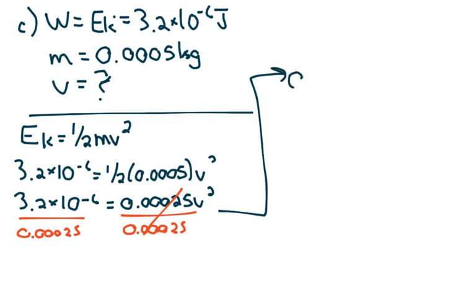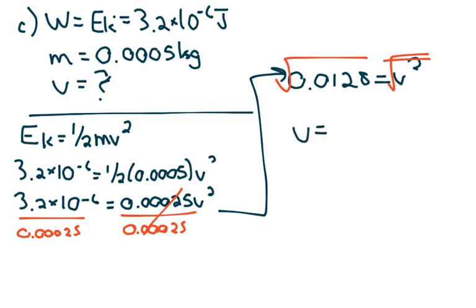On the left, we get 0.0128. To get v now, just take the square root of both sides, which cancels off that exponent. And we get that v, if we look at correct sig figs, we should have 1, because of the mass, is 0.1 meters per second.